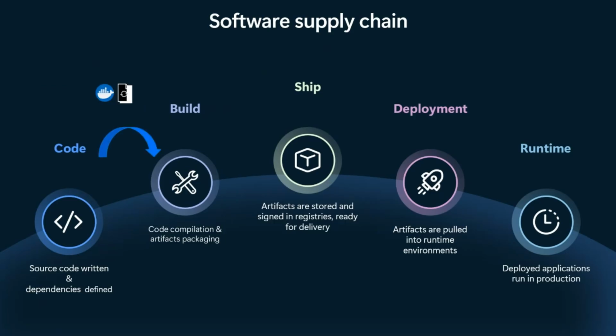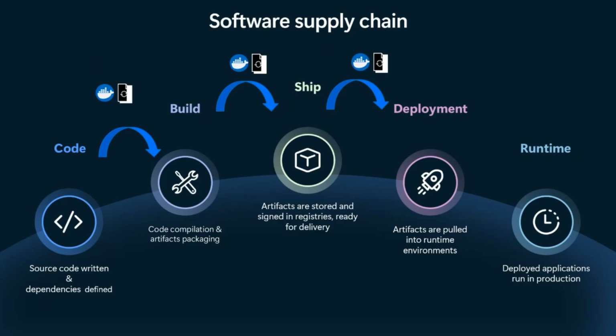During the code phase, source code is written and the third-party dependencies of our software are defined. During the build phase, this source code that I wrote as a developer is compiled and packaged into deliverable artifacts with all those third-party dependencies defined. Container images, packaged applications, serializable AI models, everything.